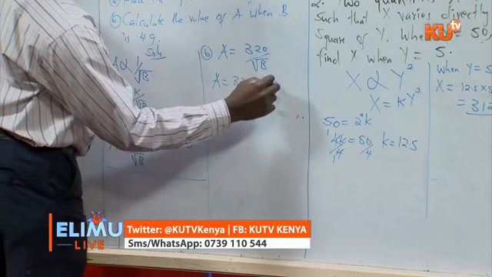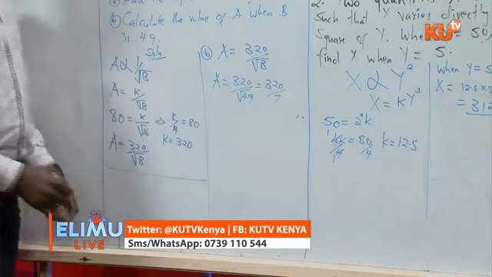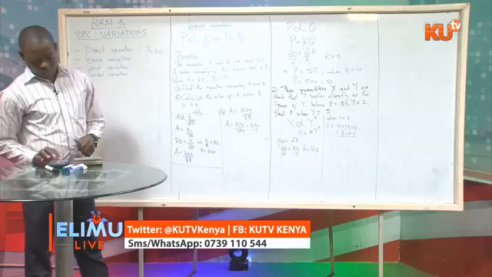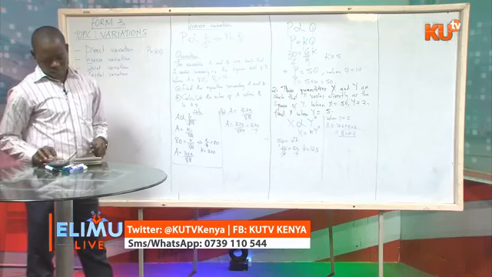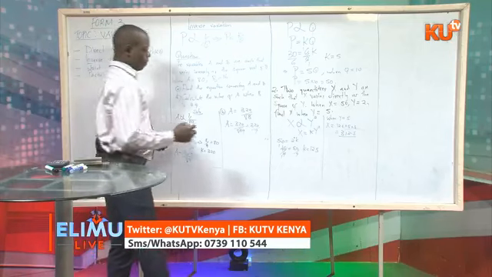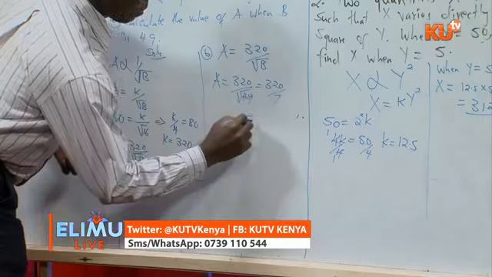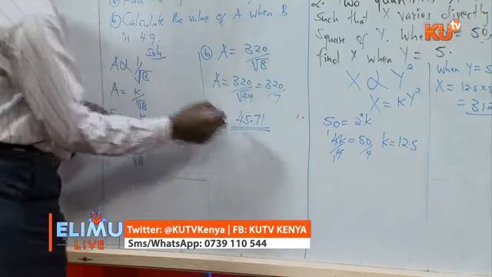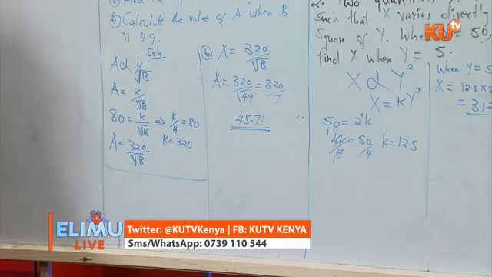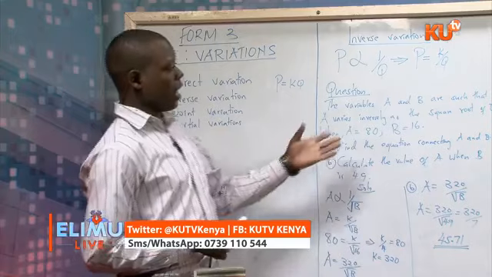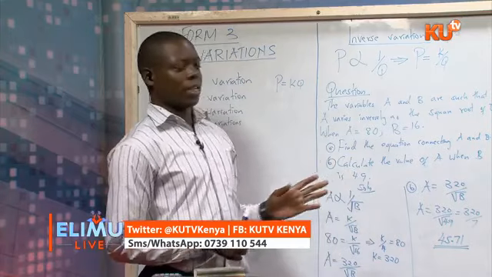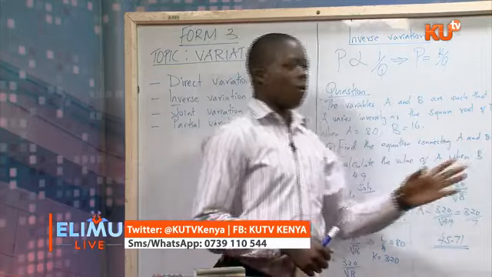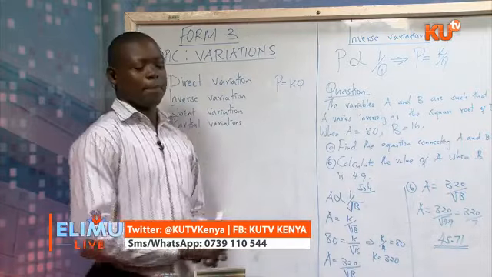That is 320 over 7. And 320 divided by 7 gives us 45.71. That is to 4 significant figures as our solution. So this is how we work out inverse variation. And then the other one was direct variation.